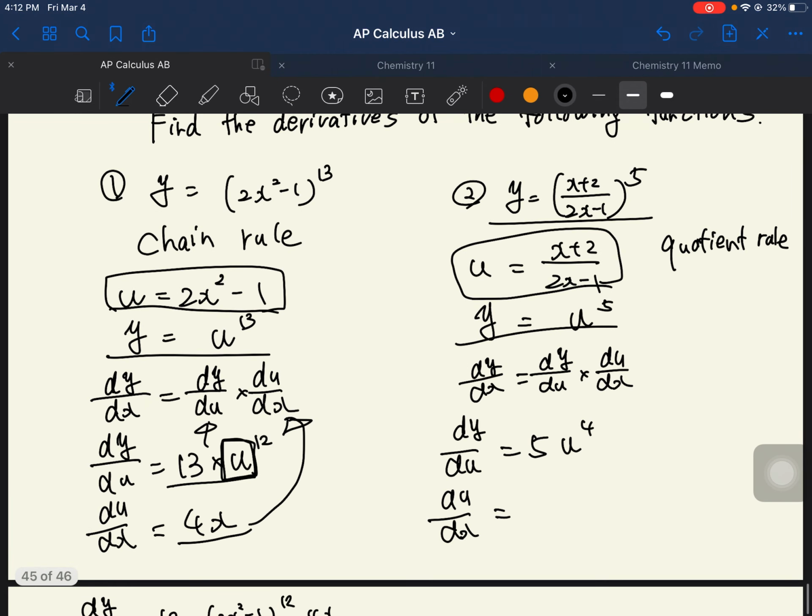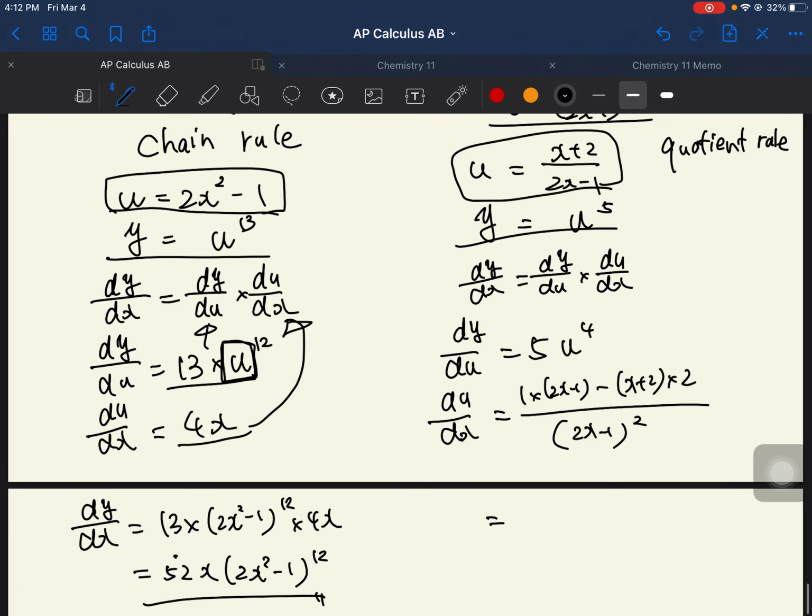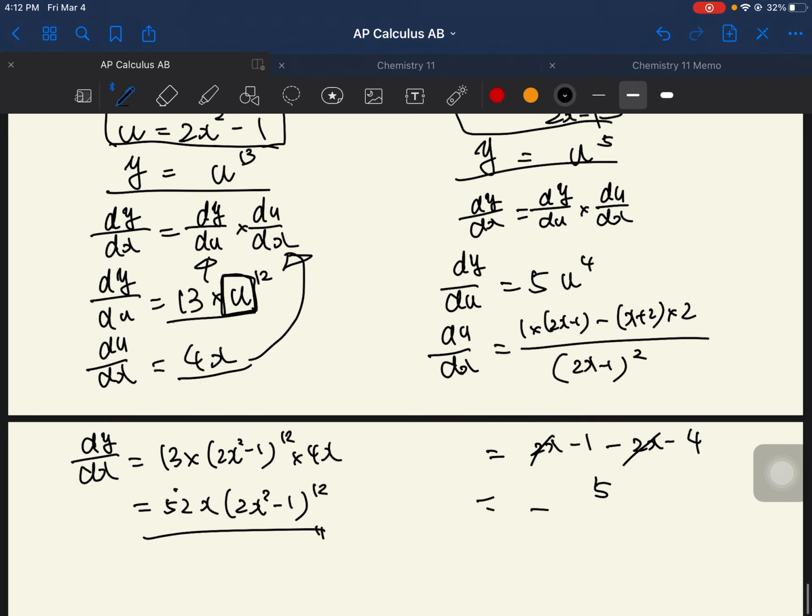So it's going to be 1 times (2x − 1) − (x + 2) times 2, over (2x − 1) squared, which is (2x − 1 − 2x − 4), and the terms can cancel out, and it's −5 over (2x − 1) squared.